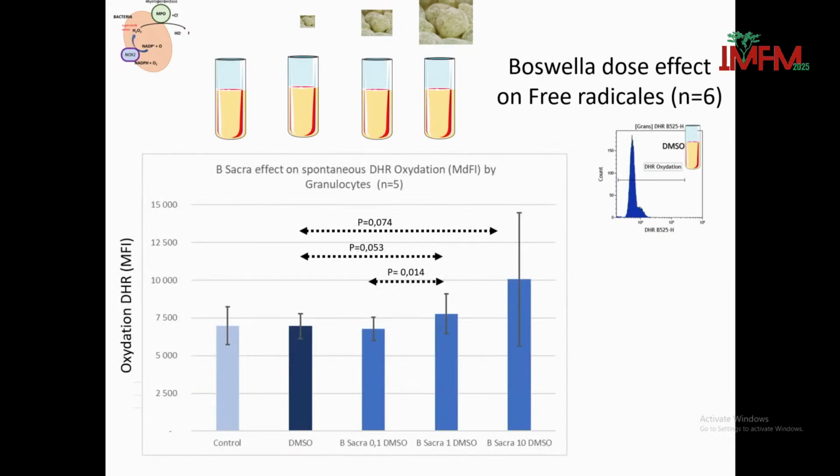So if we compare the production of free radicals, we can see that there is some difference between cells that are non-stimulated, cells with DMSO, and cells with different concentrations of Boswellia sacra. We can see that we have a sort of protection of the cells by using Boswellia sacra.